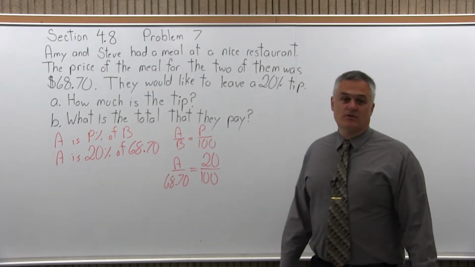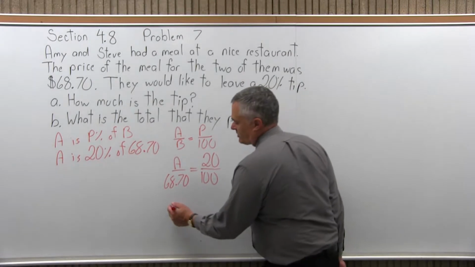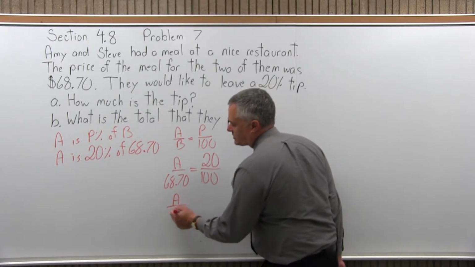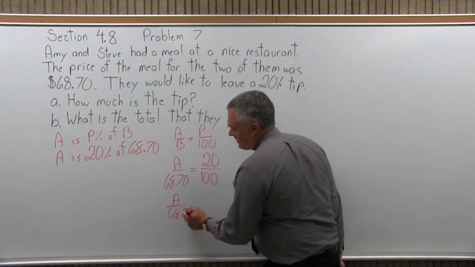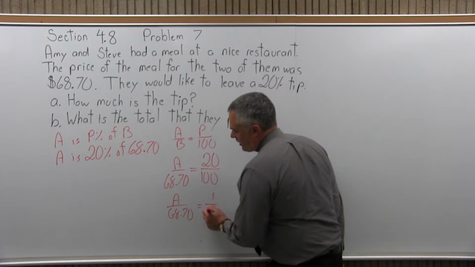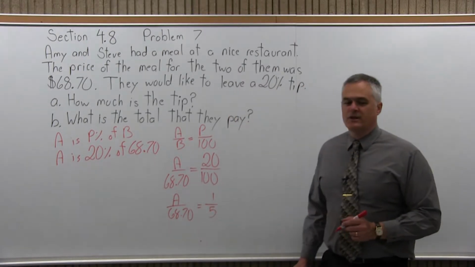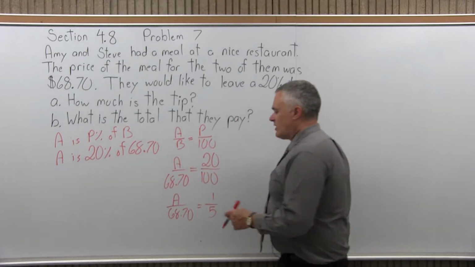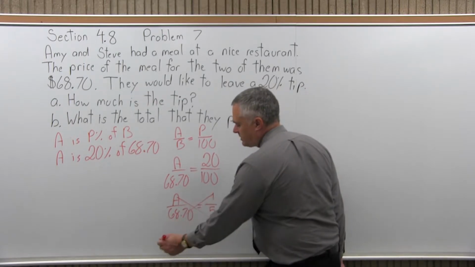You'll get the same answer even if you don't reduce it. Sometimes I don't bother to reduce, but it reduces so much that I will reduce it. So we'll leave the A over 68.70 equals, and we'll make that 20 over 100 1/5 because it's equivalent to 1/5. Now to solve it, cross multiply.